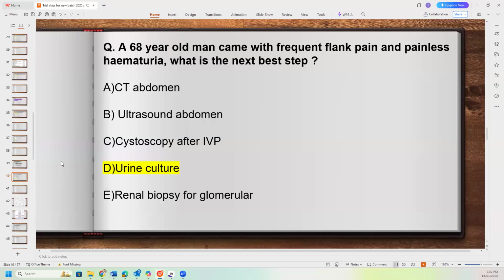The next cause is urological cancers. So here you want to rule out infection first because it's the most common cause. If microscopic or macroscopic hematuria is mentioned in the question, then you should go for CT abdomen, and if they said macroscopic hematuria, CT IVP, intravenous pyelography.